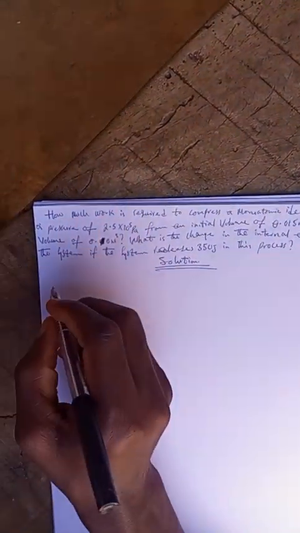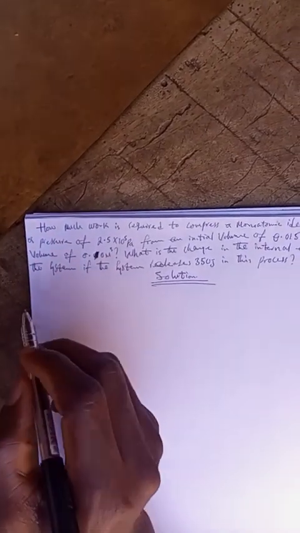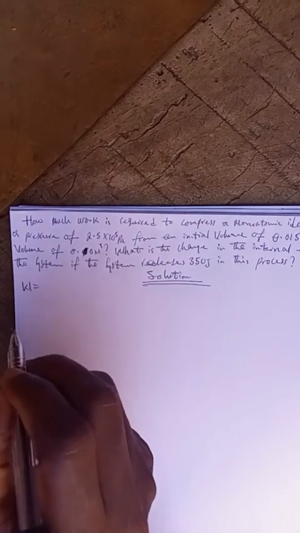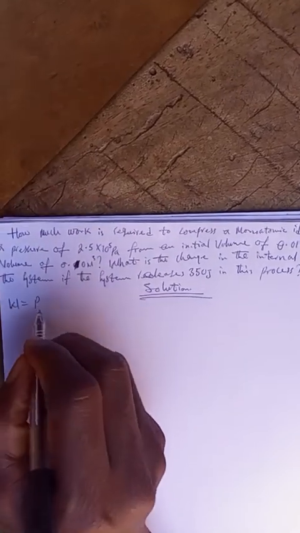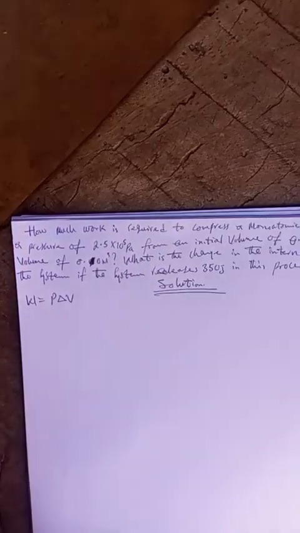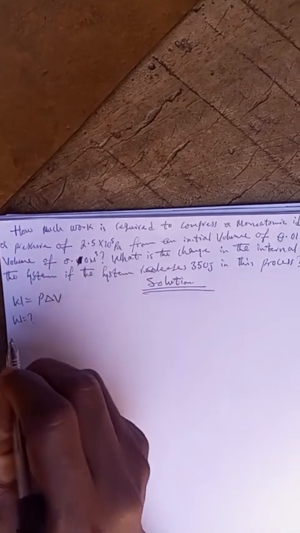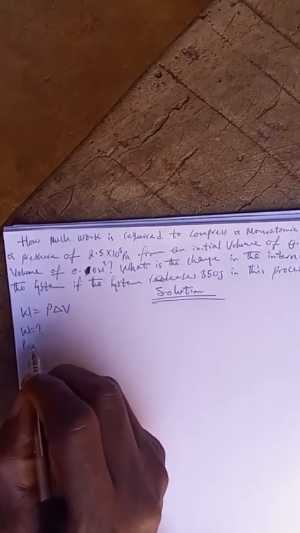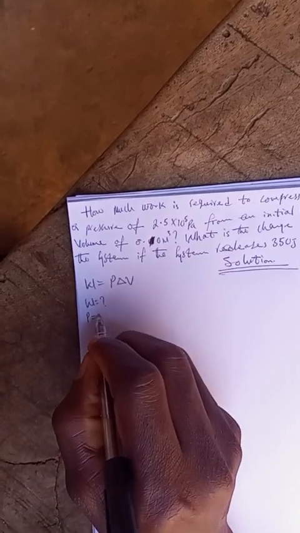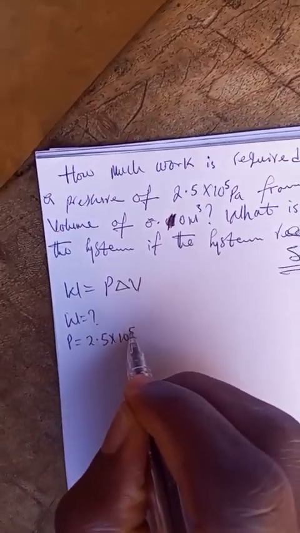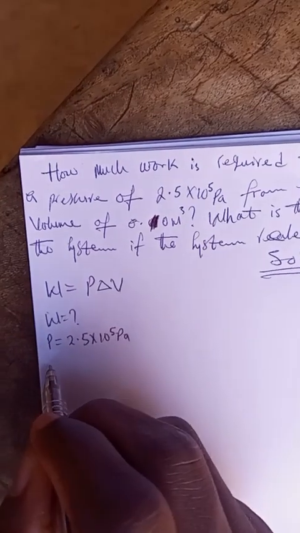So we need to use this one to get the value of W first by saying W is equal to pressure times change in volume. Our W is not given in the question, we are looking for it. The pressure is given, which is 2.5 × 10^5 Pascal. Then we are given the volume.